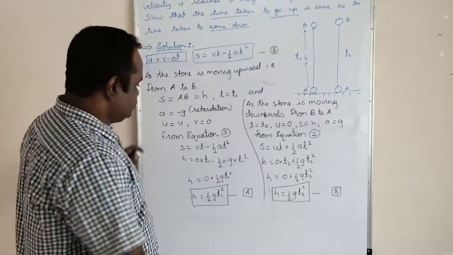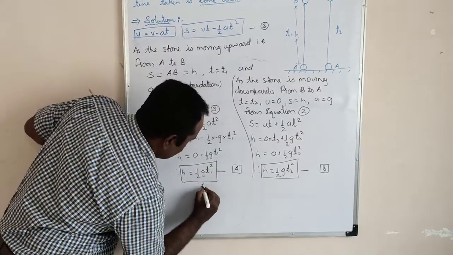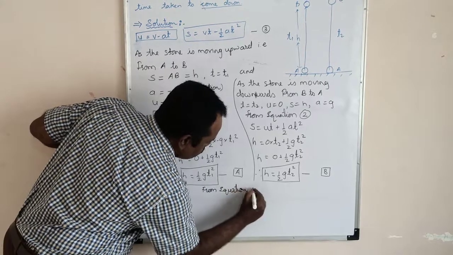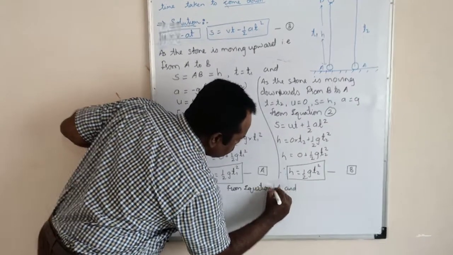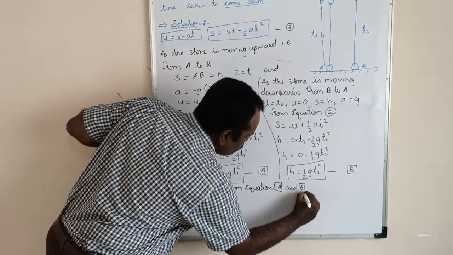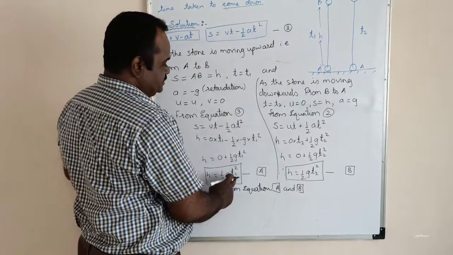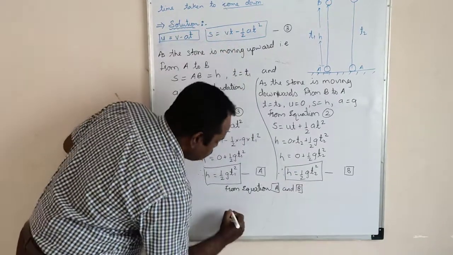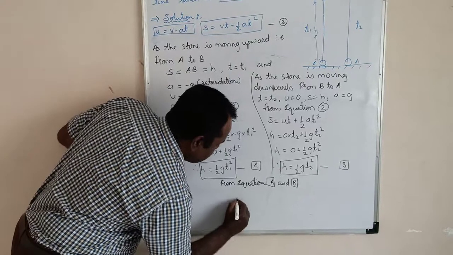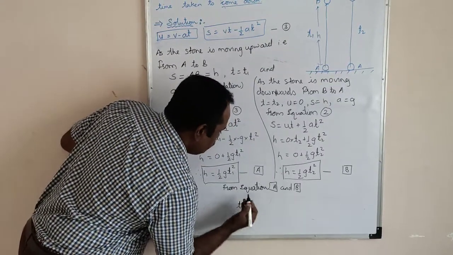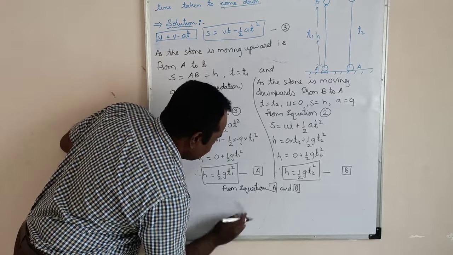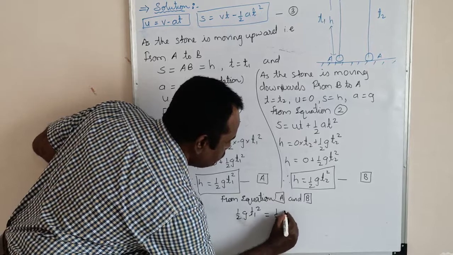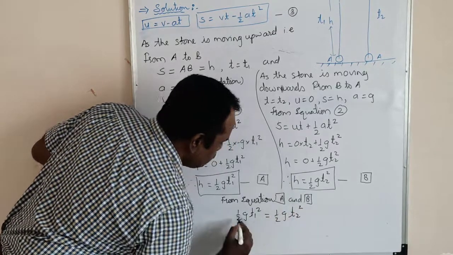From equations A and B, what do we get? h is half g T1 square and h is half g T2 square, means both are equal. So half g T1 square is equal to half g T2 square.